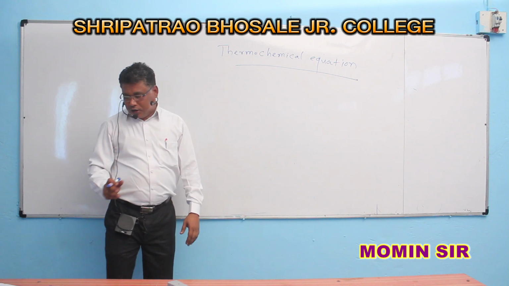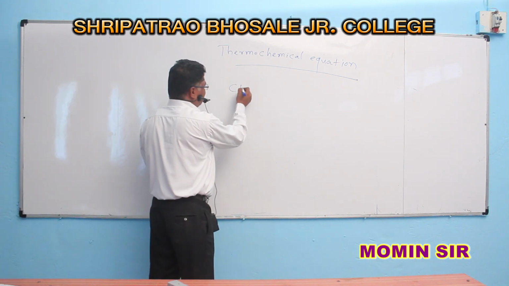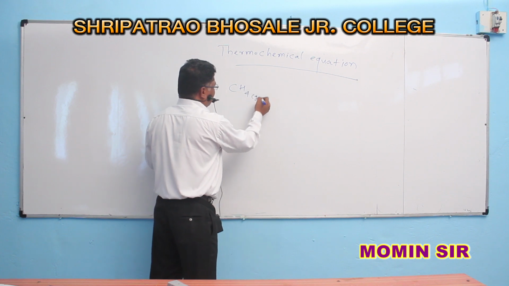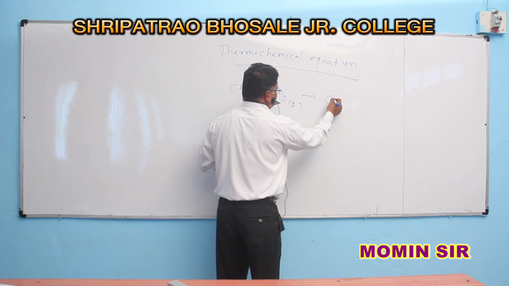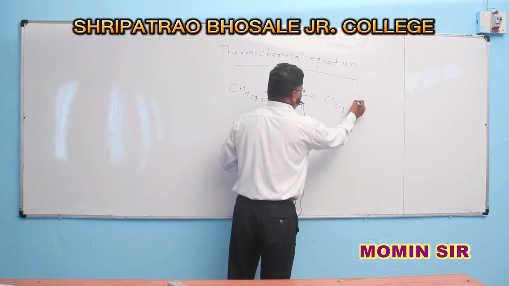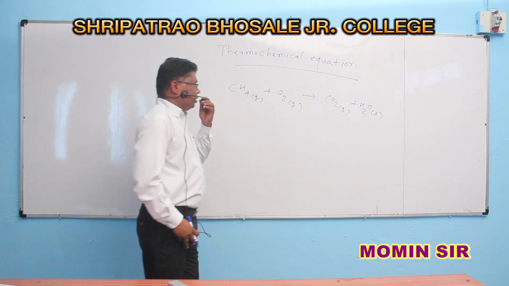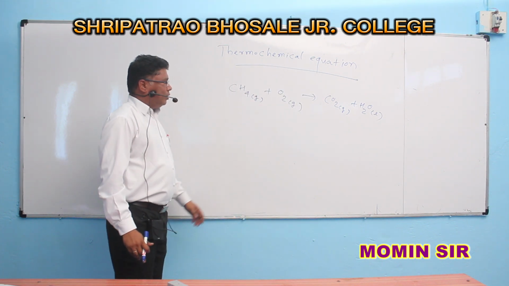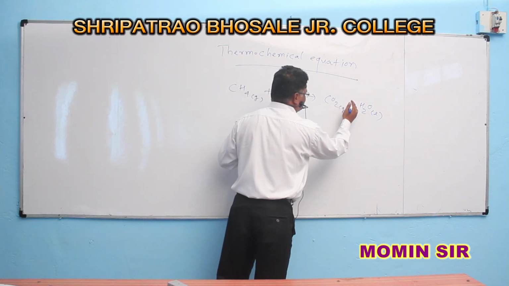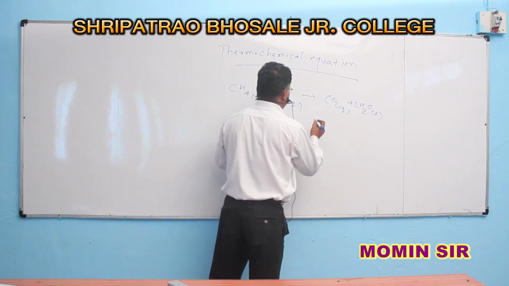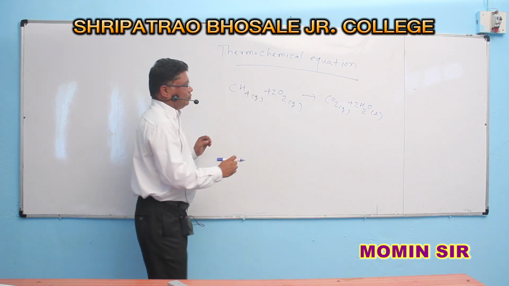For example, CH4 gas plus O2 gas gives CO2 gas plus H2O liquid. Here, this reaction is not balanced. We balance it by writing 2 here and 2 here. Now the reaction is balanced.